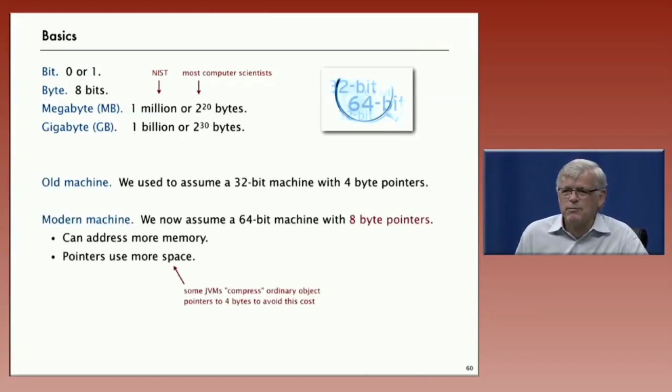Now, on old computers, we used to, for many years, use a 32-bit machine so that pointers were 4 bytes. Just in recent years, we've mostly switched to a model where machines are 64 bits and pointers are 8 bytes. That allows us to address much more memory, but pointers use much more space.